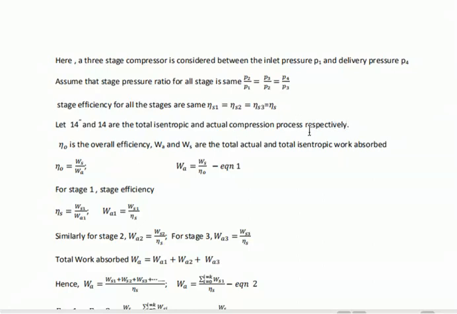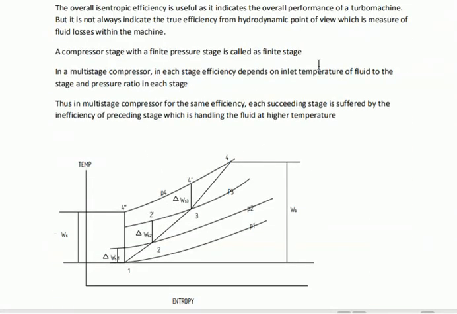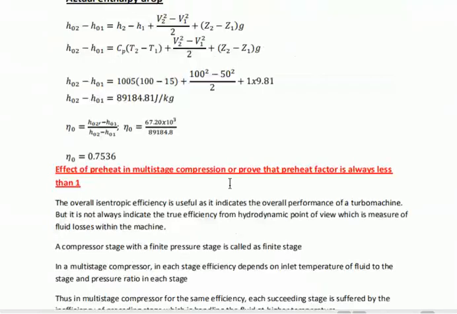It is shown here: this 1-4'' is the isentropic work done, or the isentropic compression process, and this 1-4 is the actual work done.